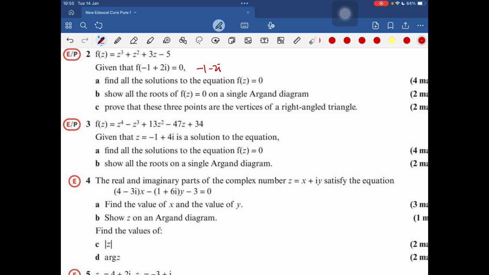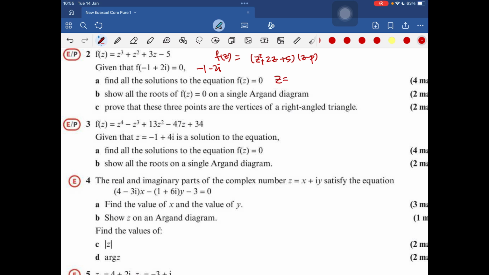So when we have two solutions, we can find the quadratic factor, which is z squared minus the sum of two solutions, which is negative 2, so plus 2z, and plus the product of two solutions. Negative 1 plus 2i times negative 1 minus 2i is 5, and then z minus p. So this is f of z.